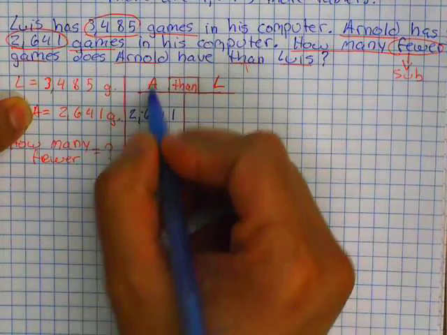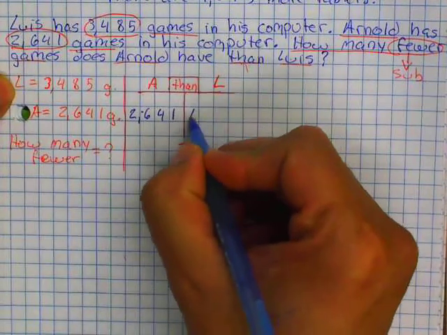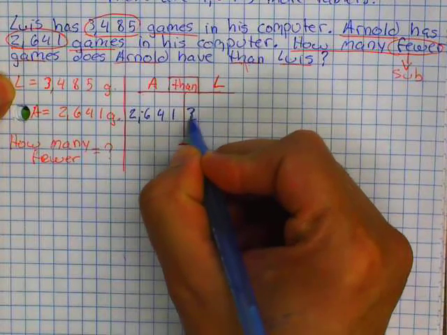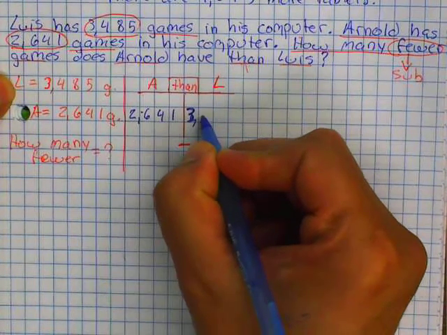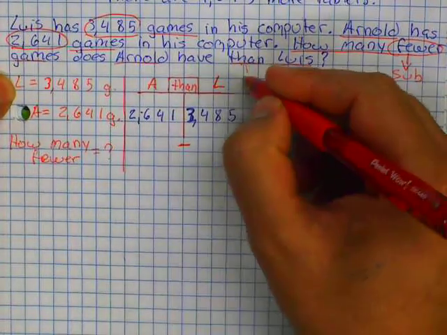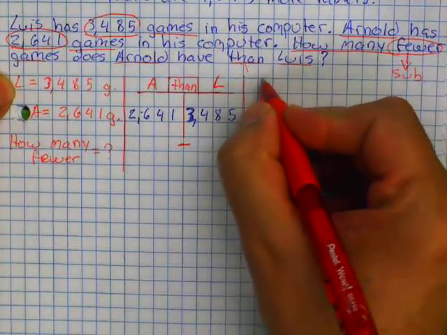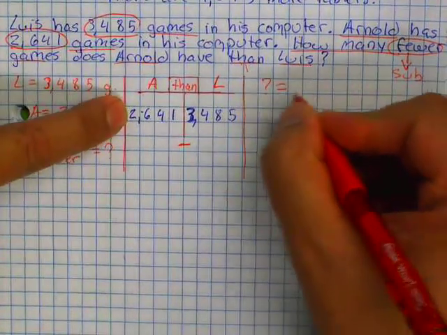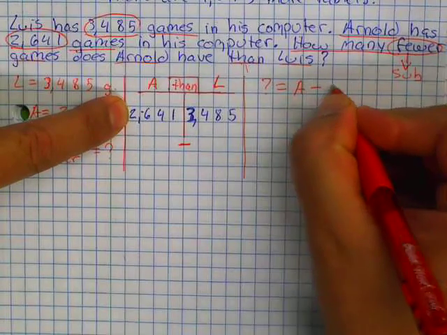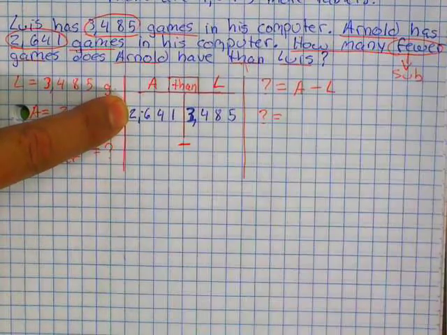So on one side I have Arnold with 2,641 games, and on the other side I have Luis with 3,485 games. So now that I did my T-chart, now to figure out how many fewer, I need to subtract Arnold minus whatever Luis had.